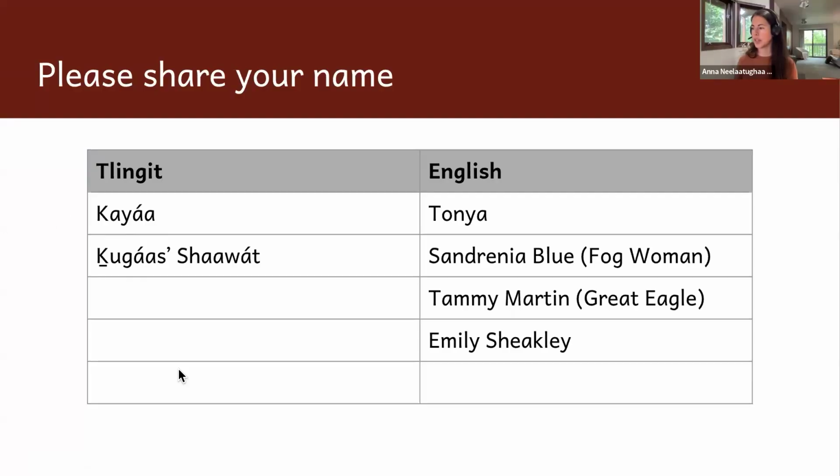The last name we're going to practice today that I know of is Sandrinia's name. Her name means fog woman. Let's practice this last word first. This means woman. Repeat after me. Shawat. And the first word, underline KU, and then G, high tone double A, pinched S. So when you see this apostrophe after the S, you make the S extra sharp sounding so that you really hear it.